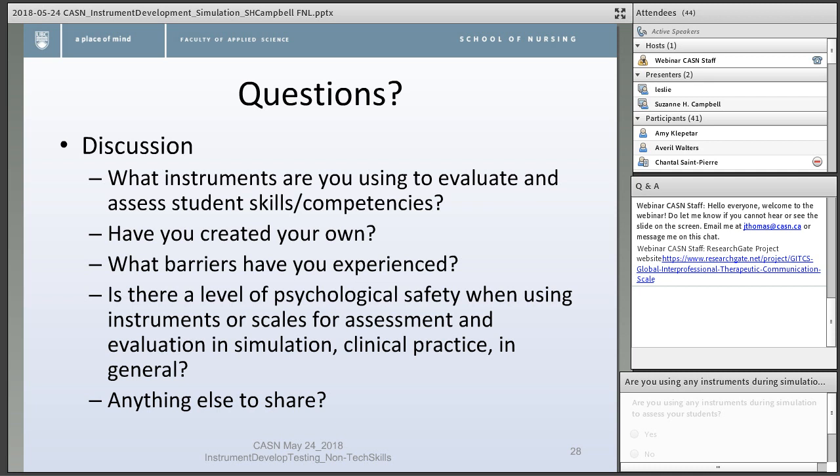And I have noticed quite a bit of hesitancy, and my aha moment was I participated in the Gateway Debriefing Program as part of our Western Canadian Health Science Educators Conference last week on Vancouver Island, and was introduced to advocacy inquiry and reflection and good judgment, or debriefing with good judgment. And I have to say that I really think it's about psychological safety. That's why I added that 4th bullet that I have up on the questions there. Is there a sufficient level of psychological safety when using instruments or scales?